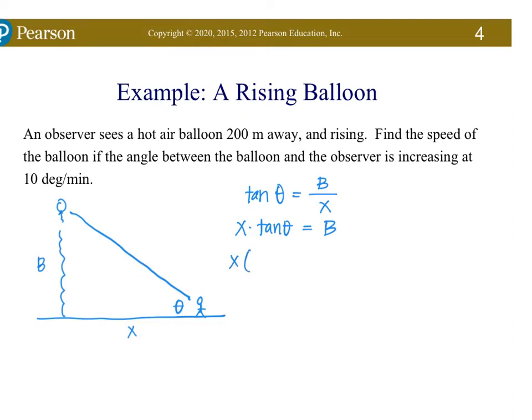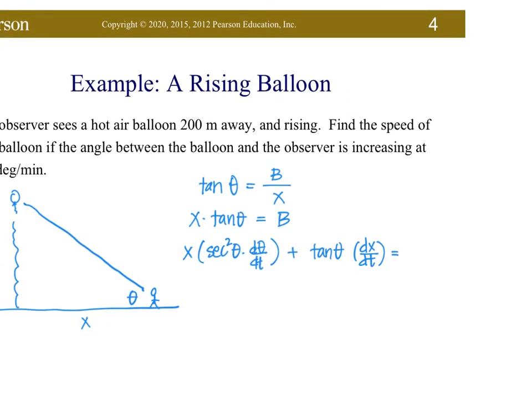So I'm going to have x times secant squared theta times the chain rule of d theta dt, plus the other side of the rest of the product rule, so tangent of theta times dx over dt. And then on the far side, the derivative of b with respect to the changing time.